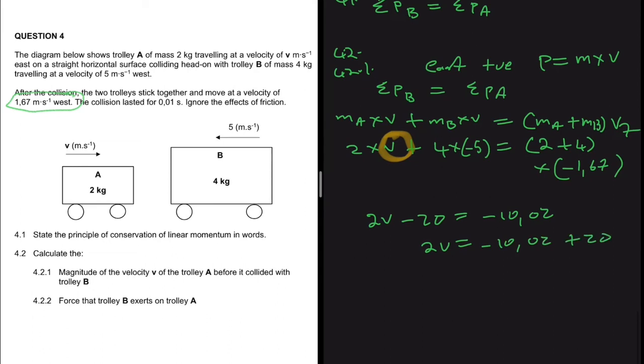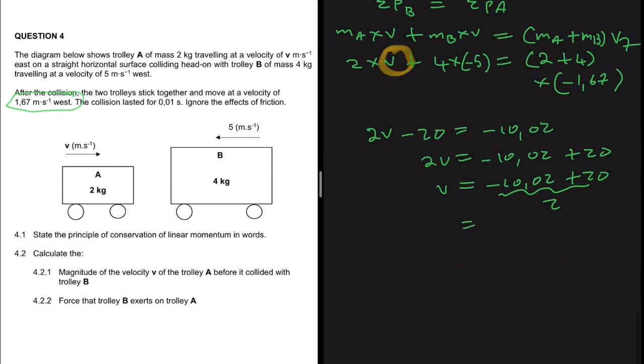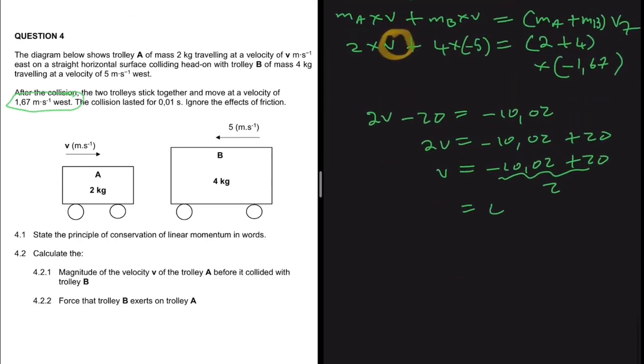So v will be equal to minus 10.02 plus 20, everything divided by 2, and the answer is 4.99 meters per second. We know that positive is to the east, so we can write to the east. If the value was negative, then we would know that the velocity is to the west.